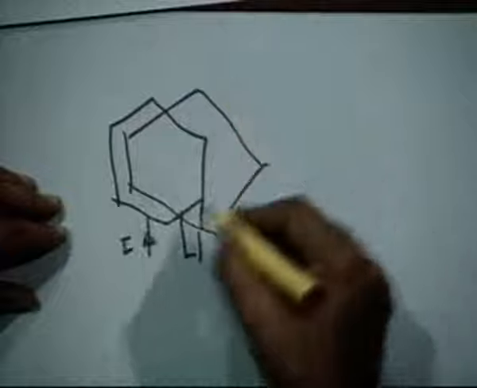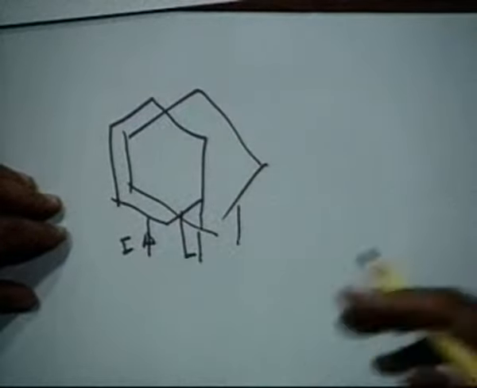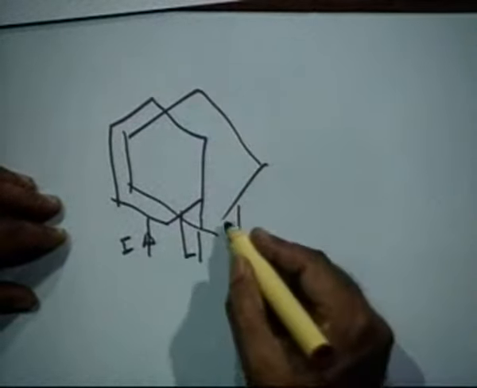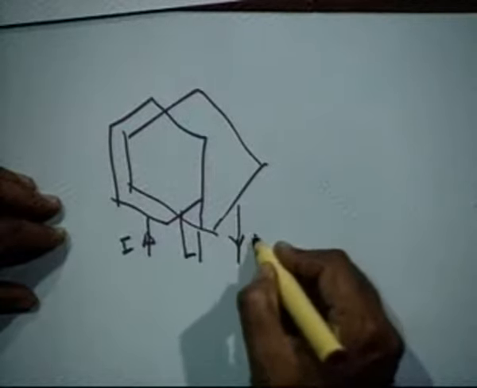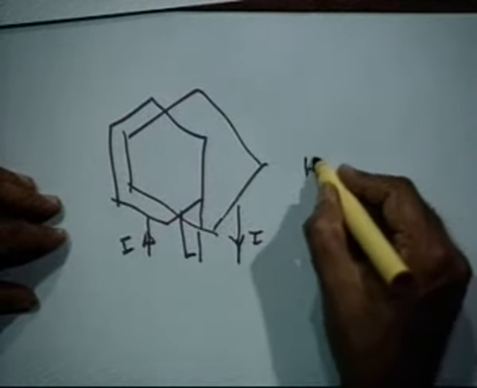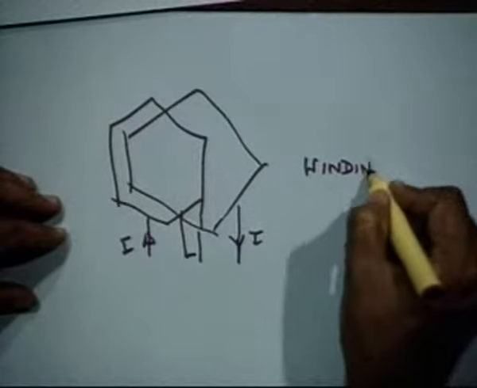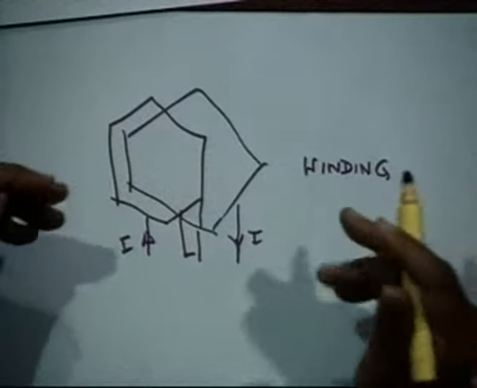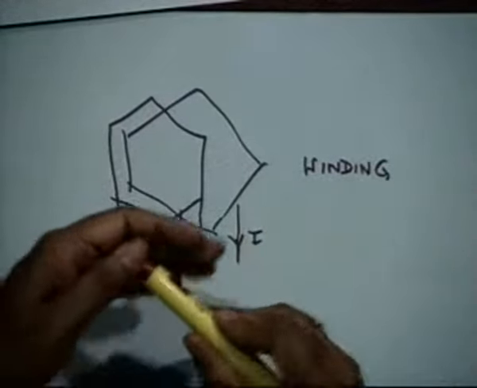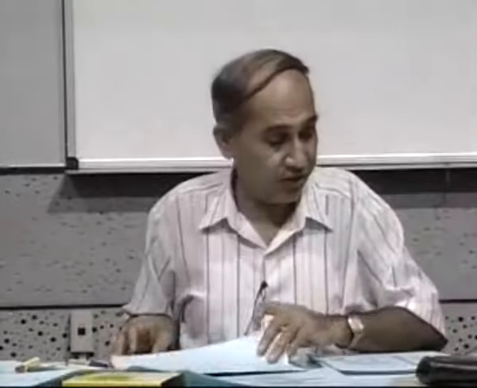The current goes in, goes through one n-turn coil, goes to the next coil of n turns, and comes out like this. So a winding is a family of coils as per the design.